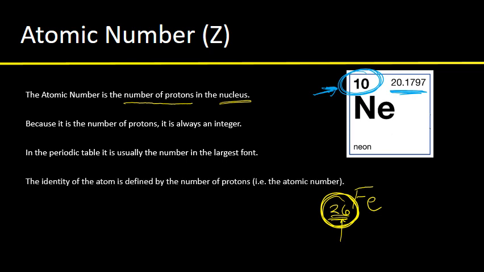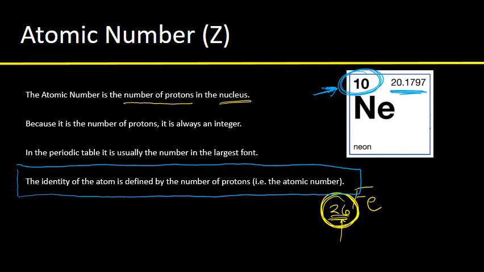All right, and then the really, really most important thing about the atomic number is that the identity of the atom is determined by the number of protons. Okay, so for example, in this one we had down over here, right, iron with an atomic number of 26. This means that there are 26 protons in the nucleus, right?